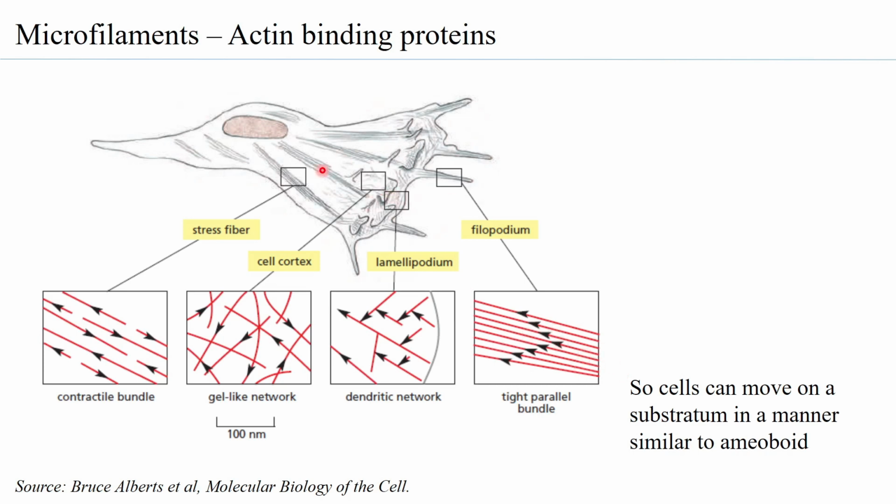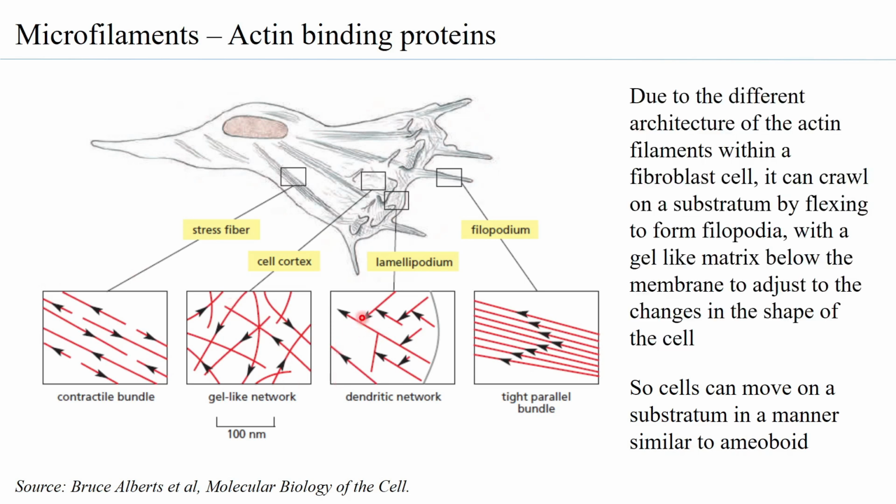So within a single cell, the actin at different places is present in different structural arrangements to enable different functions, to enable forces to be balanced, etc. This is a clear indication that the actin is continuously changing its arrangement, and that is happening because of dynamic instability.